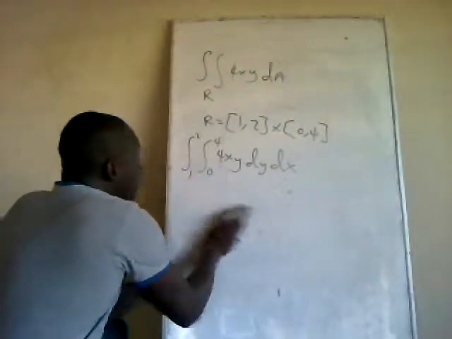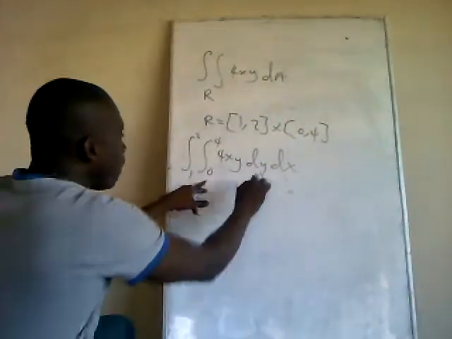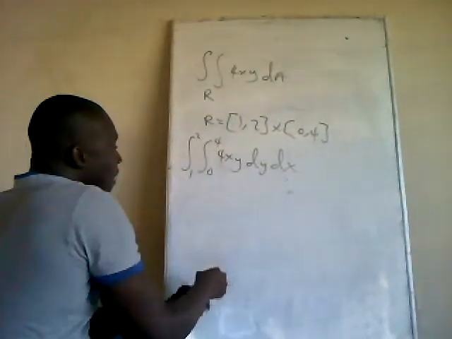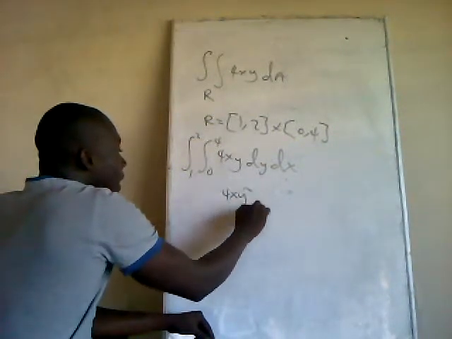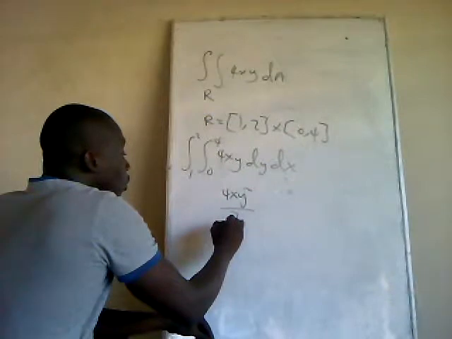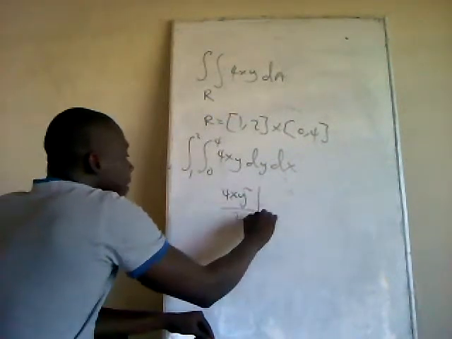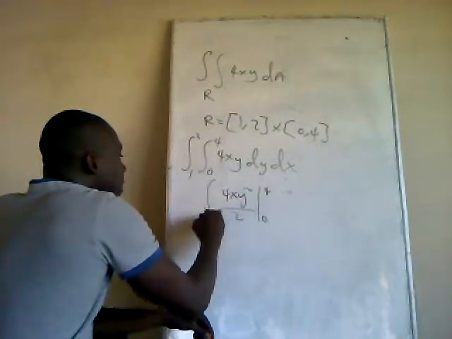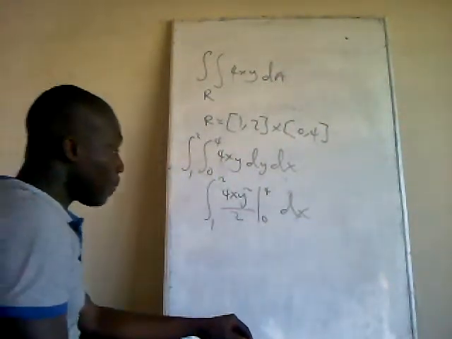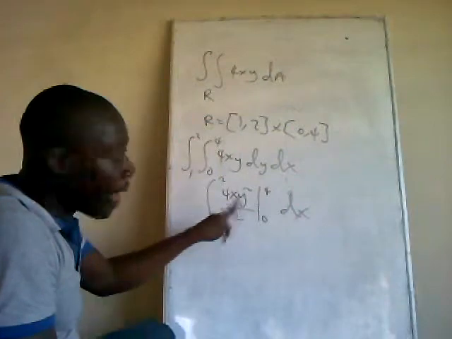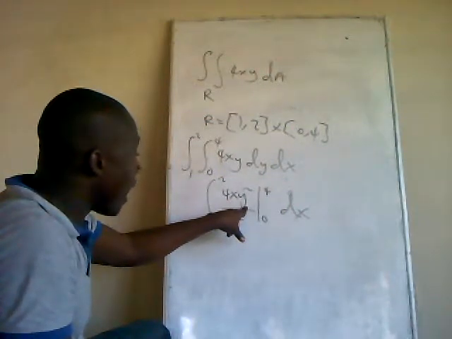Given this, we first integrate with respect to y. If I integrate this with respect to y, I'm going to get 4xy squared over 2 at 0 and 4, integrating this from 1 to 2 dx. Now the 0 and 4 take the value for only y.